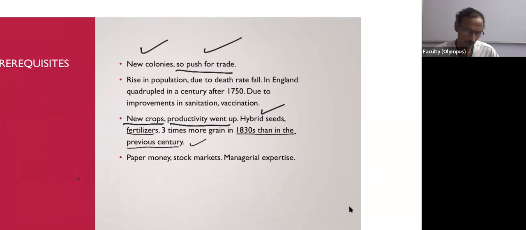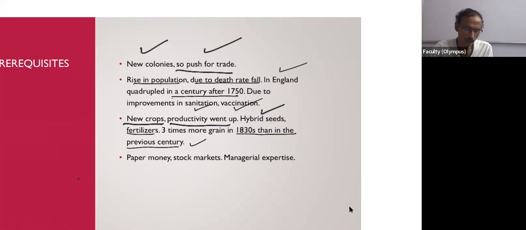There was also a rise in population due to a fall in death rates. In England, population quadrupled between 1750 and 1850, basically due to improvements in sanitation and vaccination.